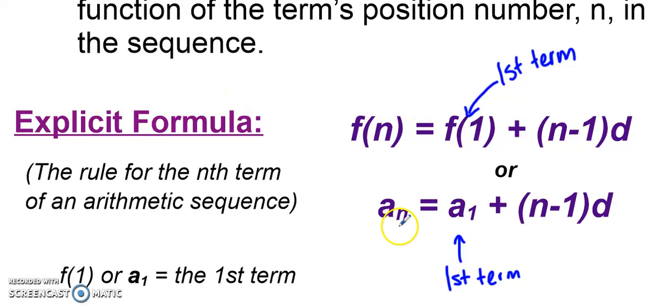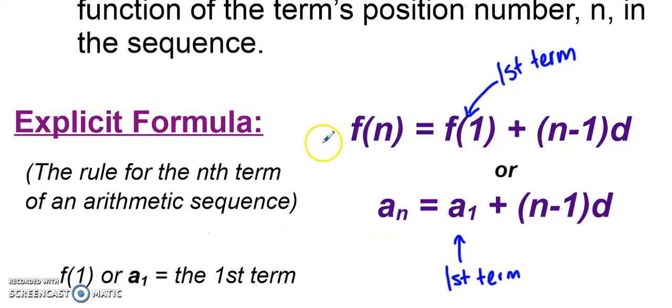Now, a of n is the nth term, and a sub 1 is the first term. These are interchangeable notations here: f of n, a sub n, f of 1, a sub 1. We're referring to the first term in both these places, and the nth term in both of these places.